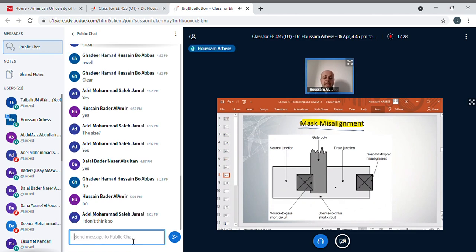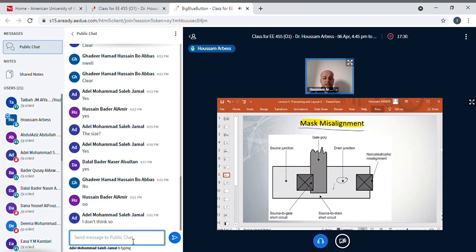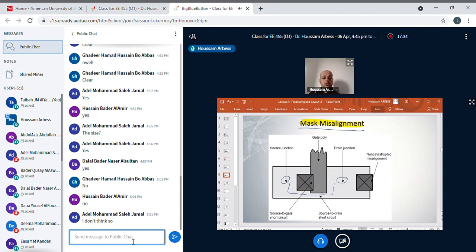Because we can see here the N plus of the drain is connected to the N plus of the source. So here we don't need a channel to conduct the current, the current can flow directly. And if I want to sketch the schematic of the NMOS, it's clear that the drain is connected to the source. I have a short circuit here between the drain and the source.